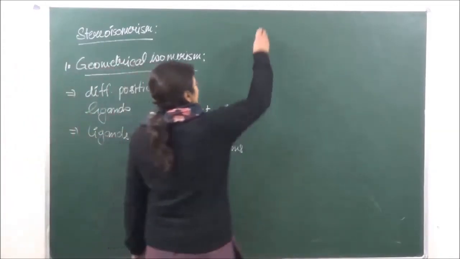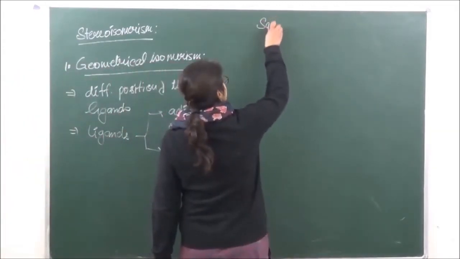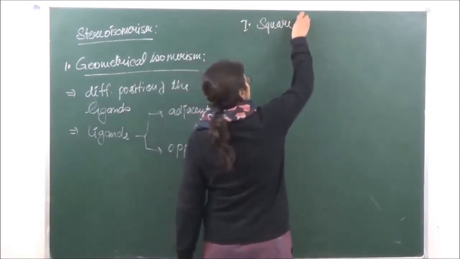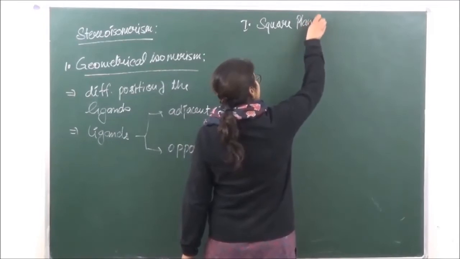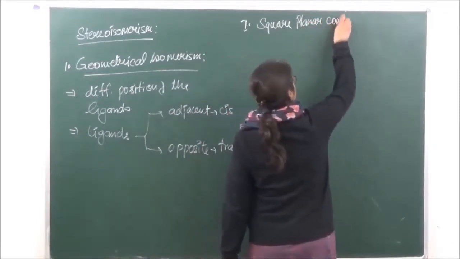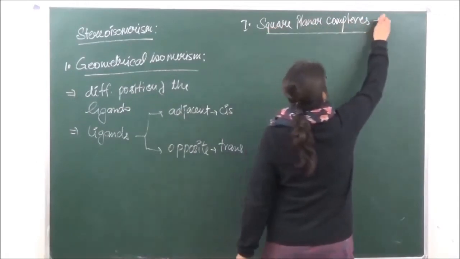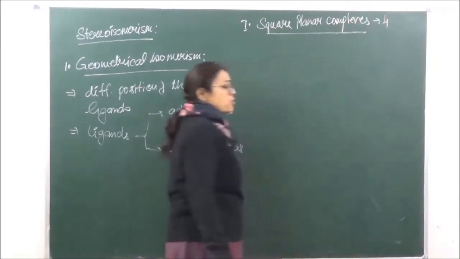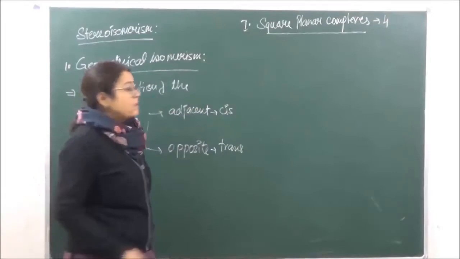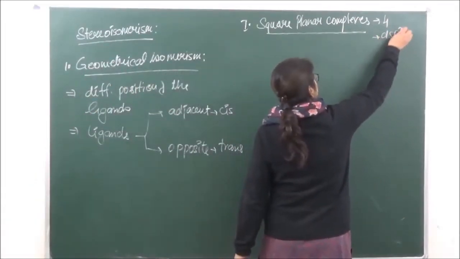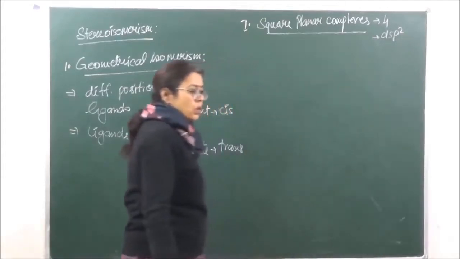When we study geometrical isomerism, let's study it first in square planar complexes. In case of square planar complexes, the coordination number is 4 and the hybridization is dsp2.